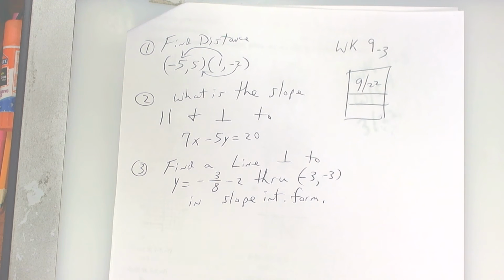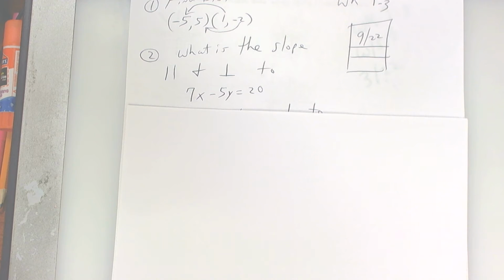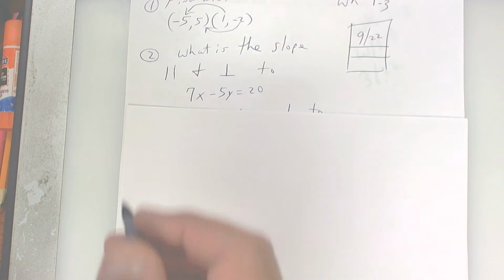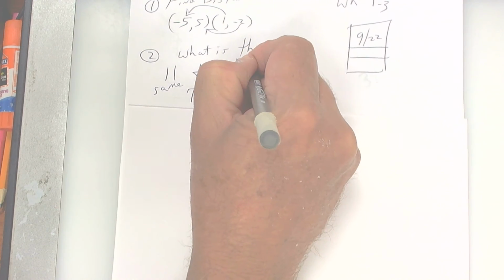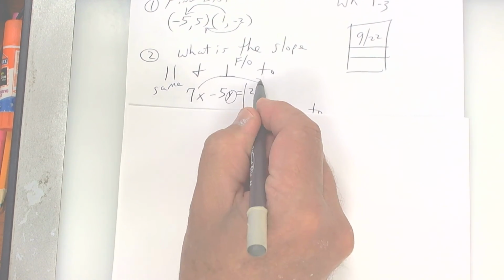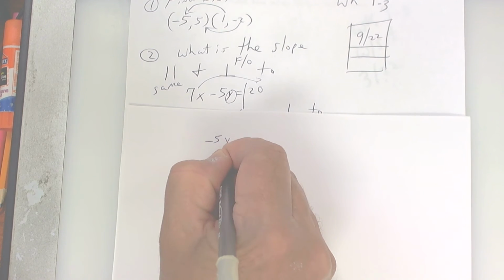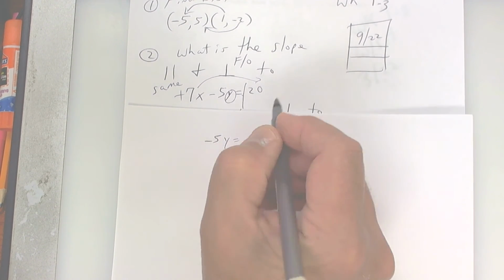This one right here says find the slope parallel and perpendicular. Well, parallel is going to be the same slope. So this one would be the same. This one would be flip and opposite, or negative reciprocal. So you want to get y by itself. So you want to move the 7x over. When you do, it's a plus, but when you move it across the equal sign, it becomes a negative.